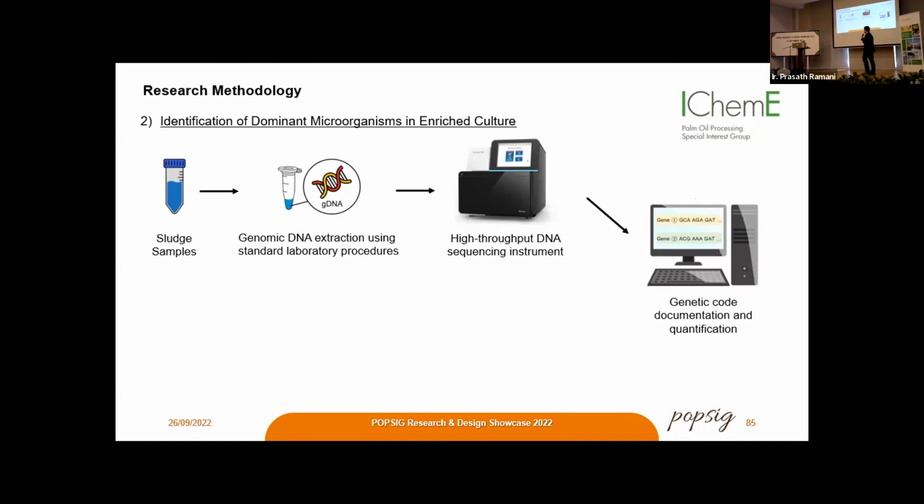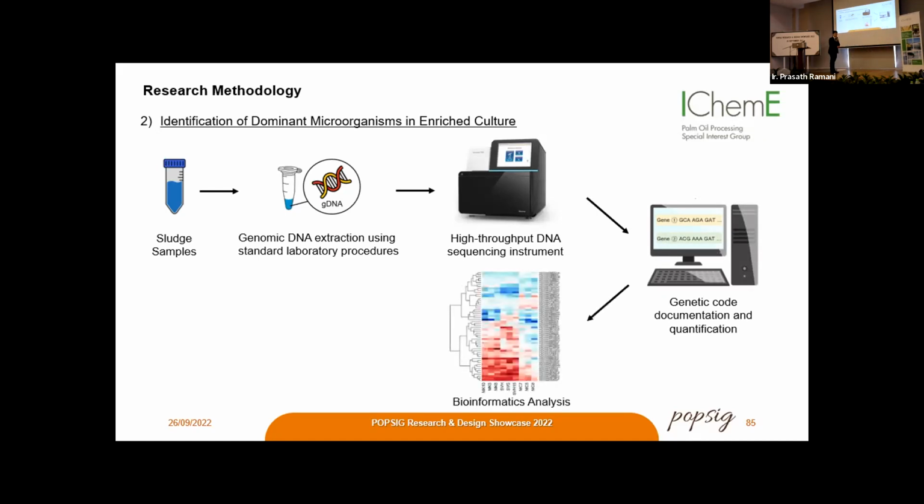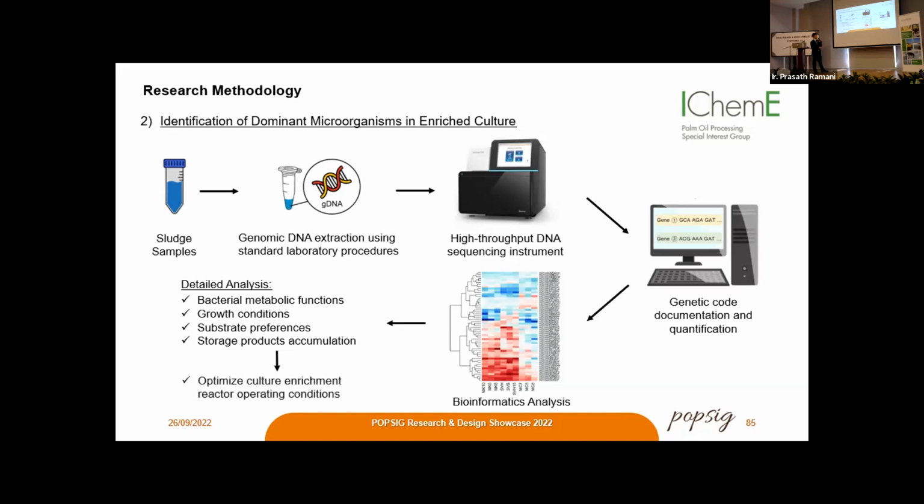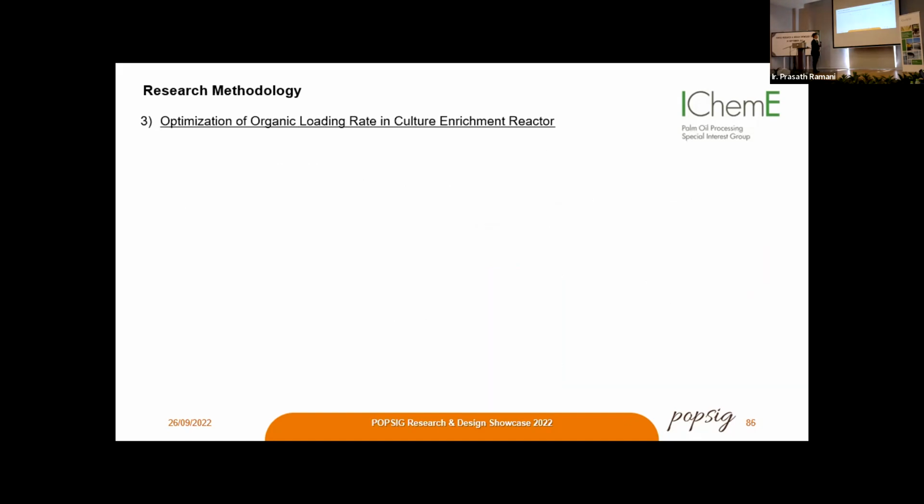Through this data that we obtain, bioinformatics analysis can be conducted using the heat map as shown as example over here, that allows further detailed analysis on the bacterial metabolic function, growth condition, substrate preferences, and storage product accumulation, which are key information necessary for our next objective to optimize the culture enrichment reactor operating condition.